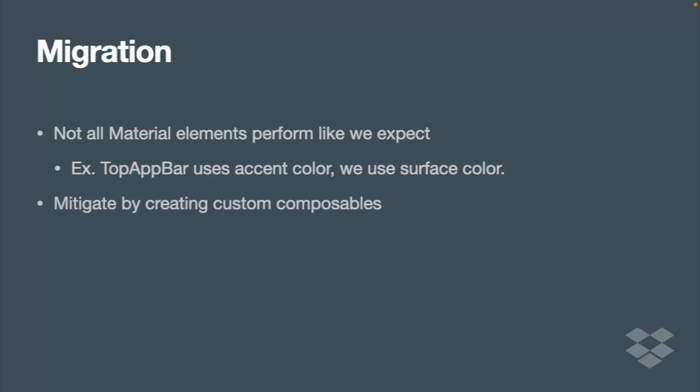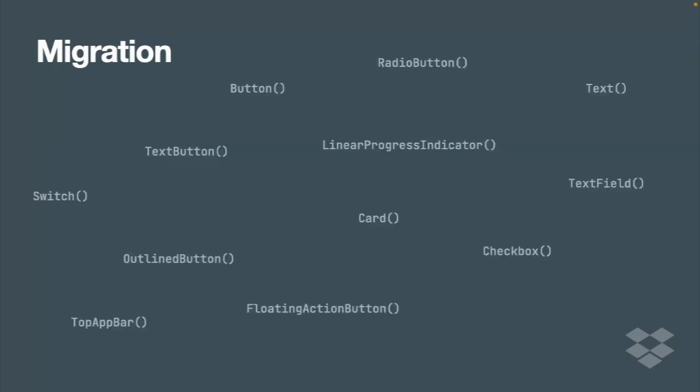We can mitigate that by creating custom composables. However, that presents a problem to feature engineers: they know they use the nav bar, and the top thing is called a top app bar in Compose. So they go use that because Material Compose is still on the classpath, and maybe don't realize that they're supposed to use something else.